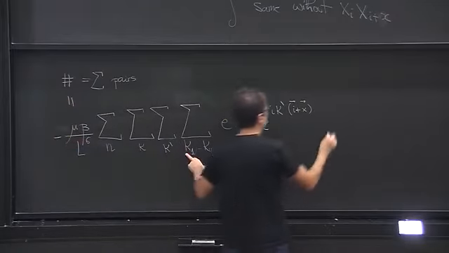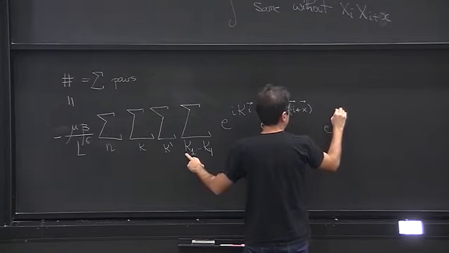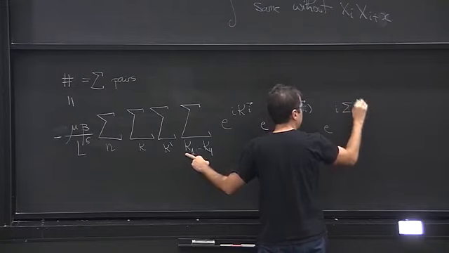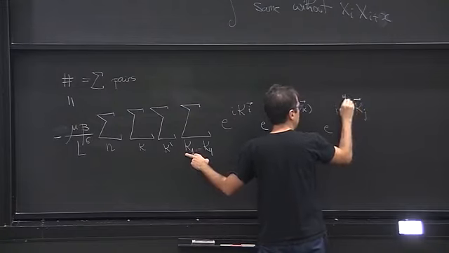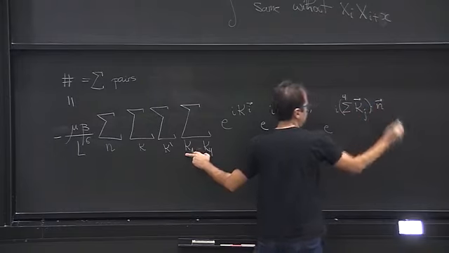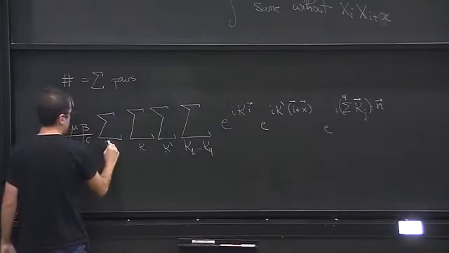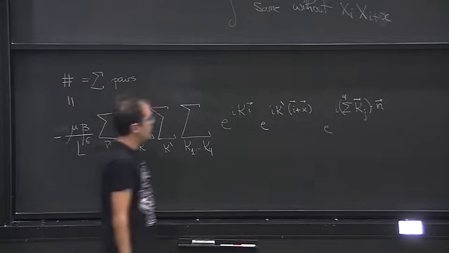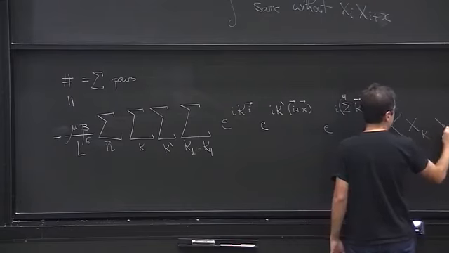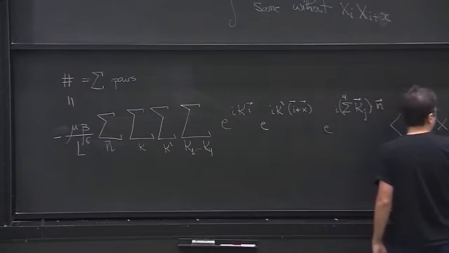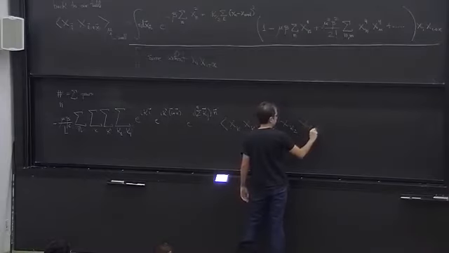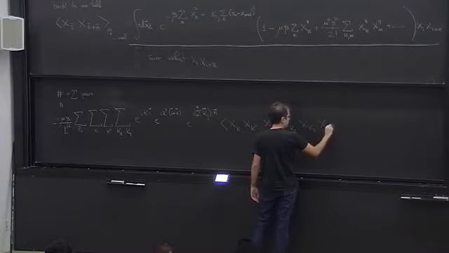And then the other one, e to the i sum over this k_j, j up to 4, dot n, right? And that's the one where we sum over n. And then we get expectation value of xk, xk prime, xk1, xk2, xk3, xk4.